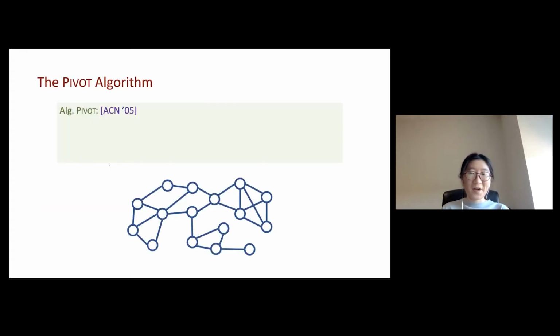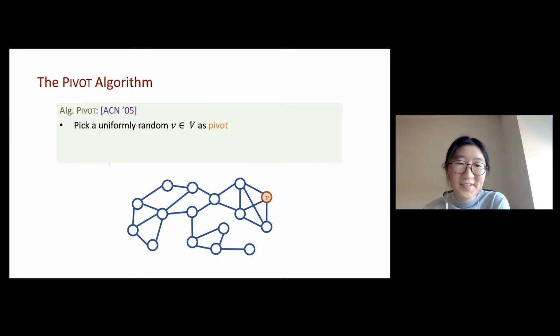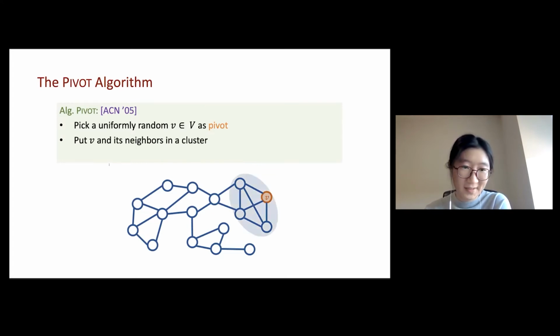So how does the PIVOT algorithm work? We pick a uniformly random vertex V as a pivot, and we put V together with all its neighbors inside a cluster.